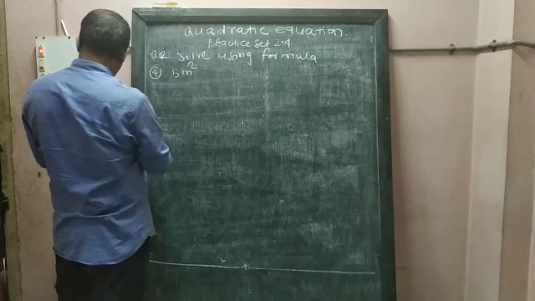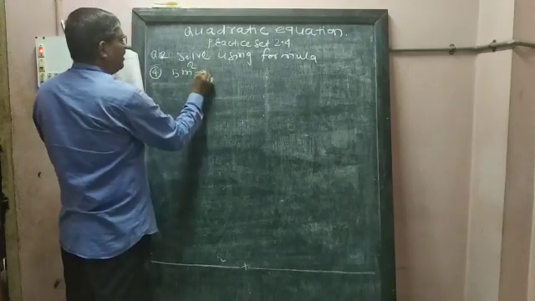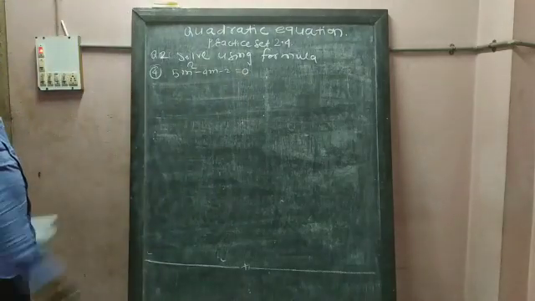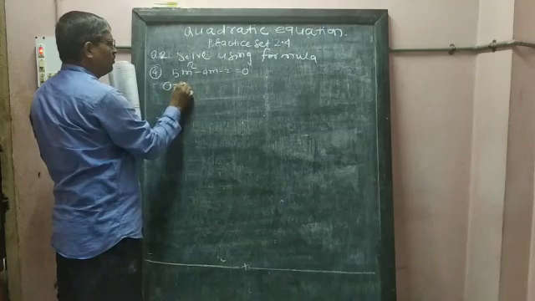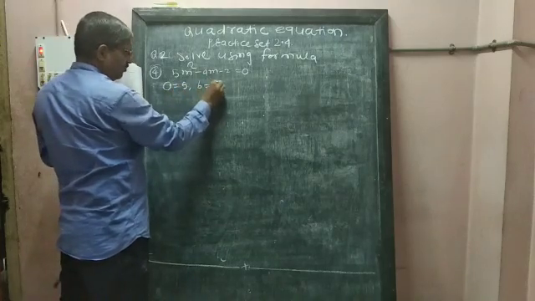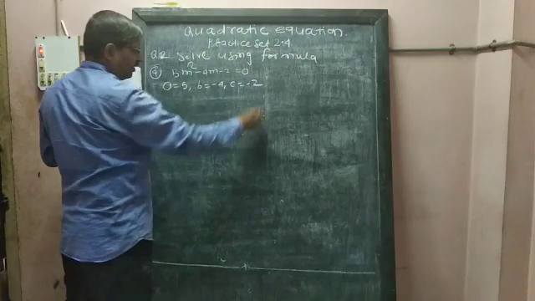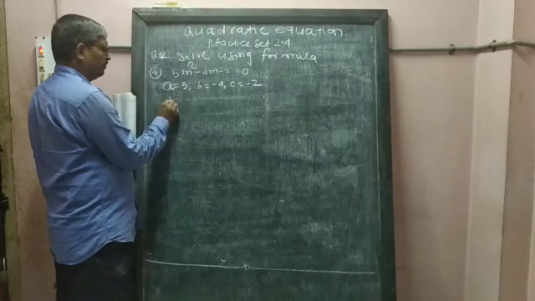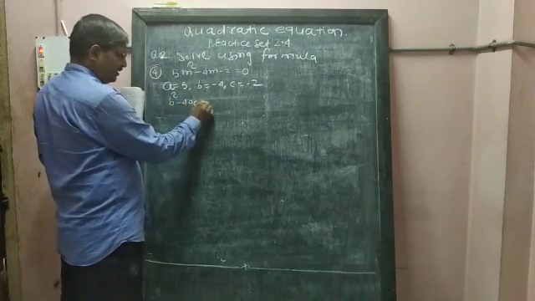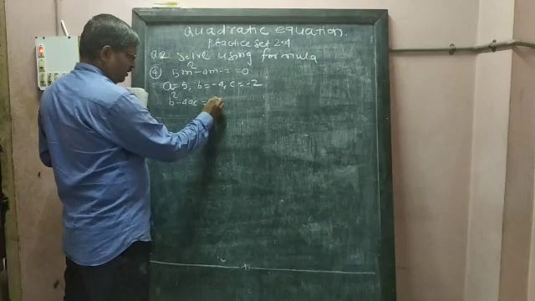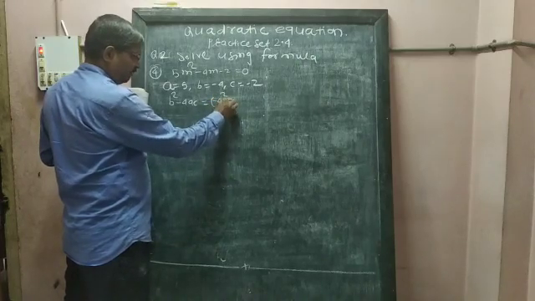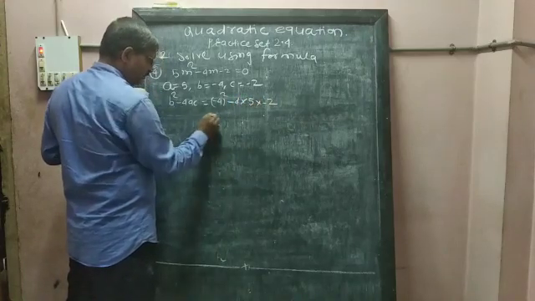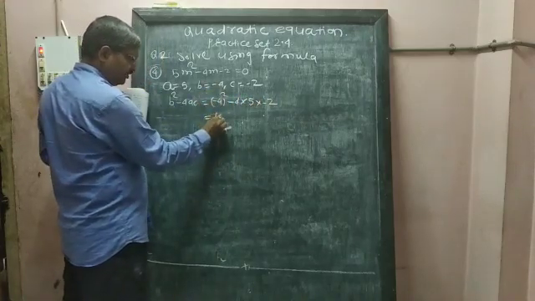5m square minus 4m minus 2 is equal to 0. Here a is equal to 5, b is equal to minus 4, c is equal to minus 2. Thus b square minus 4ac is equal to minus 4 bracket square plus 4 into 5 into minus 2. b square value, minus 4 square, means 16.